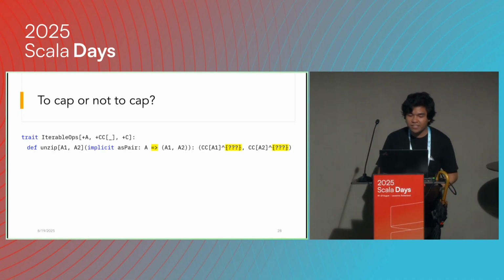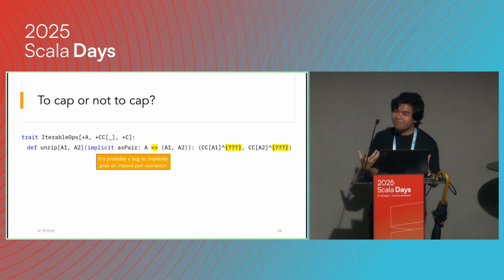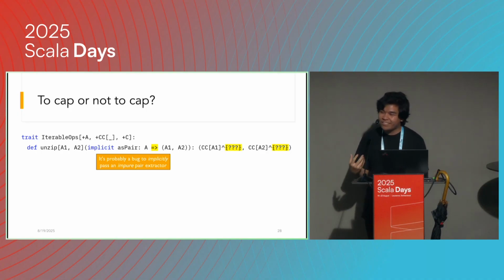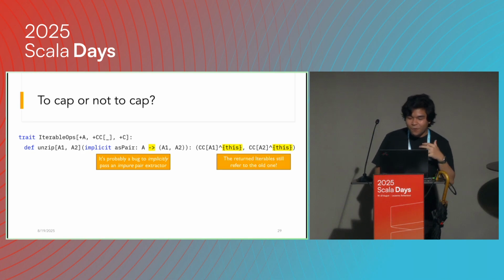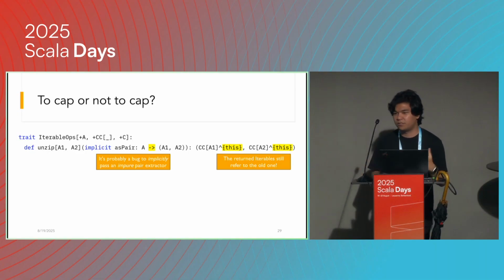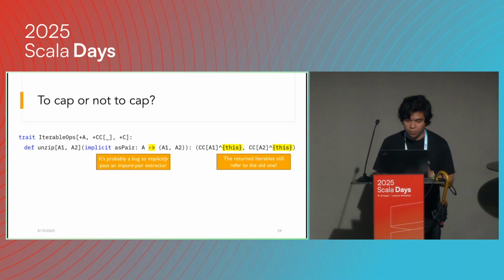Would you want an implicit function that implicitly captures things? Perhaps not, right? In this case, personally, I would prefer my asPair function to be pure, and the resulting iterable, because it's still an iterable, should still capture the old ones. Of course, if you really want your function to be impure, we have something for that. It doesn't take the function implicitly.